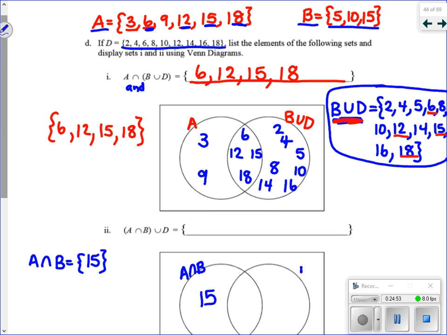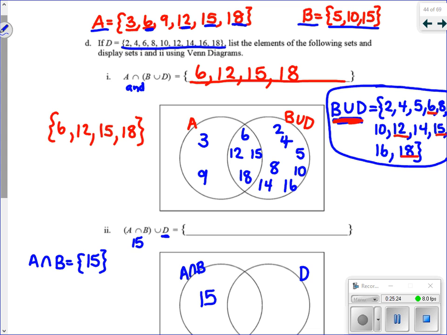Okay, now this is D. Okay, so when we have a statement like this, A intersect B, so that's the number 15, and then it says union D. So that means it's either in A intersect B, so it's either 15, or it's D, or it's both.